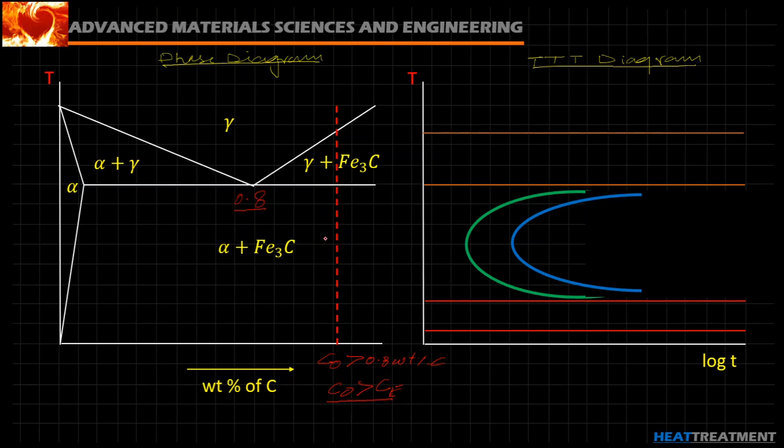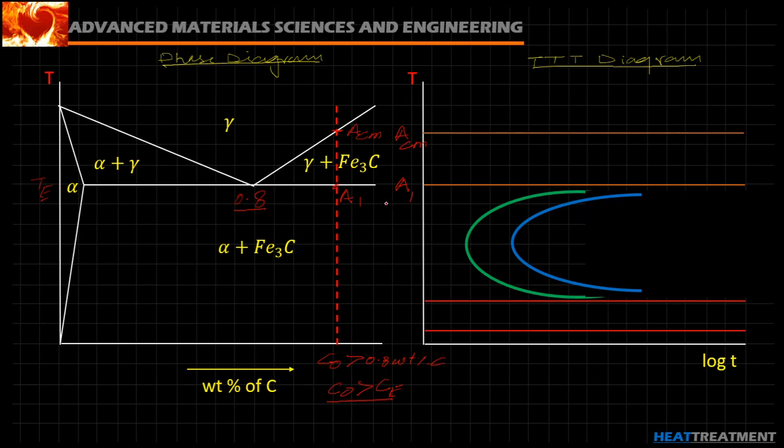Here the boundary between gamma and gamma plus cementite Fe3C is represented by ACM, and we have the same A1 temperature, the eutectoid temperature. These two temperatures are also shown on the TTT diagram with corresponding lines, as this is A1 and this is ACM.